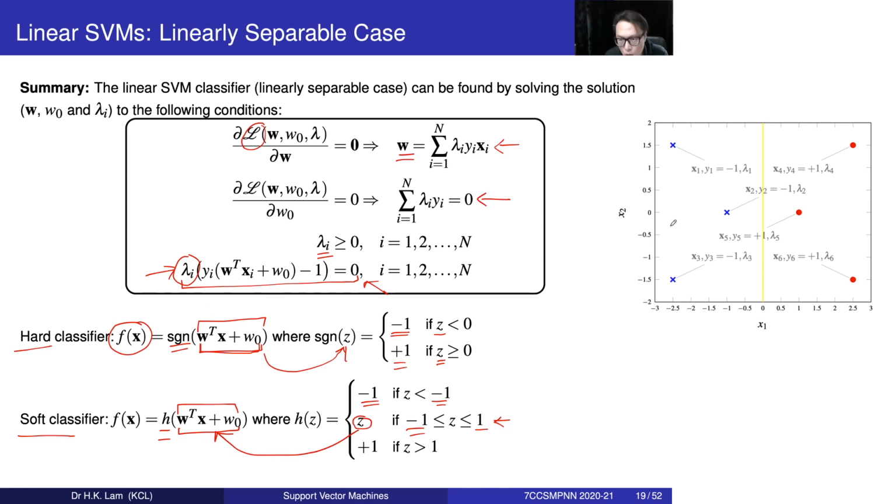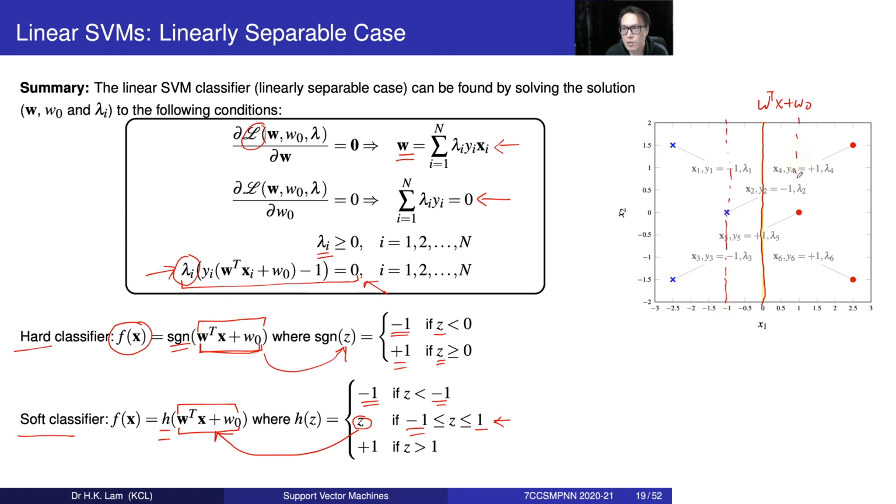Now, to consolidate the idea, we have this example with a line right here. This is the W transpose x plus W0, which maximizes the margin. The shifted version would be something like that.